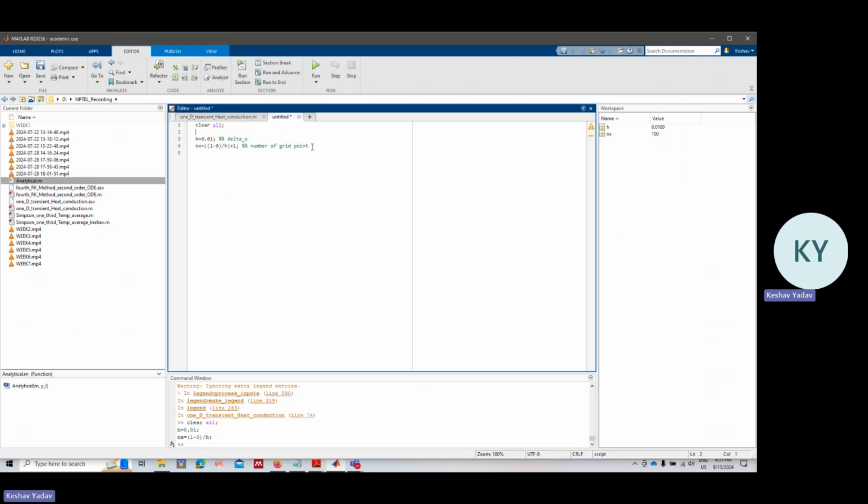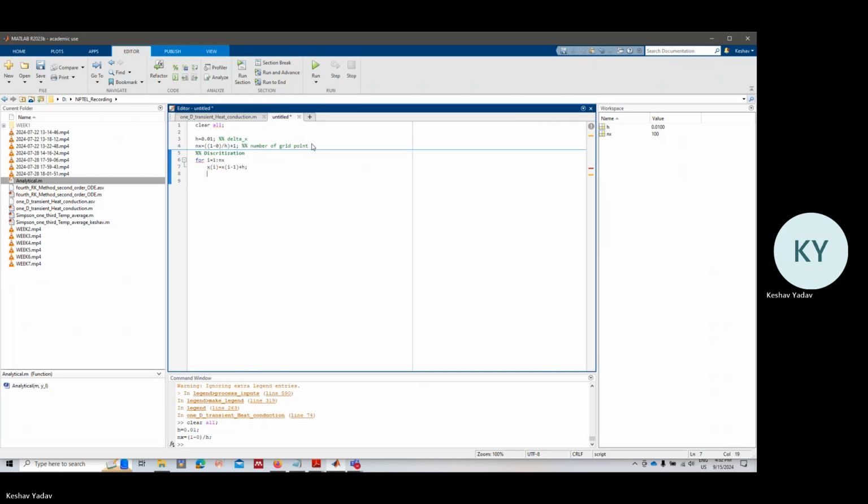Now I need to do the discretization. So let us do the discretization. For i equal to 1 to nx, x of i will be equal to x of i minus 1 plus h.